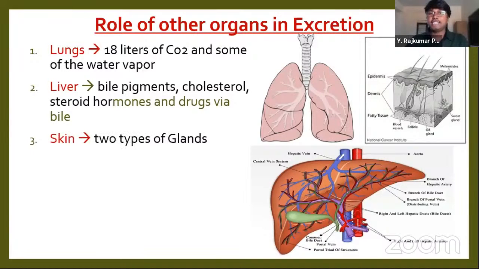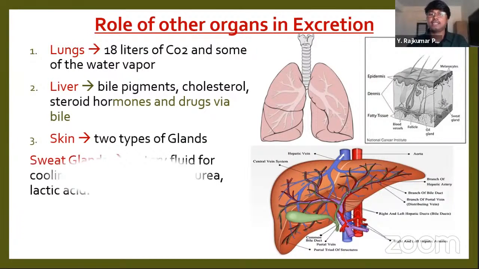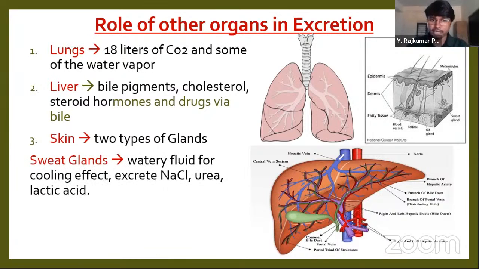The next is the skin. Skin has two kinds of glands in it. The first gland is the sweat glands. It is a watery fluid for cooling effect. Just now I told, whenever our body temperature is increased, we start sweating more. Whenever our respiration is increased, whenever the bodily activities are increased during exercise, we find this excessive loss of water, that's dehydration.